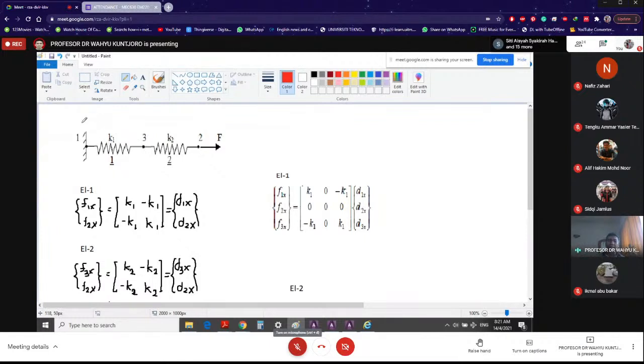The best way, in my opinion, is if it is going to be 1, 2, and 3. That will be easier later on if you want to do your analysis. But in this case, we have 1, 3, 2 instead of 1, 2, 3. But anyway, we are going to treat this structure, the model, as 1, 3, 2.